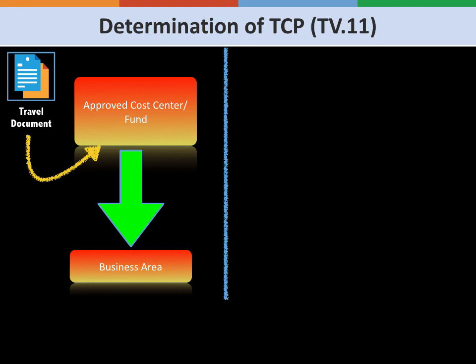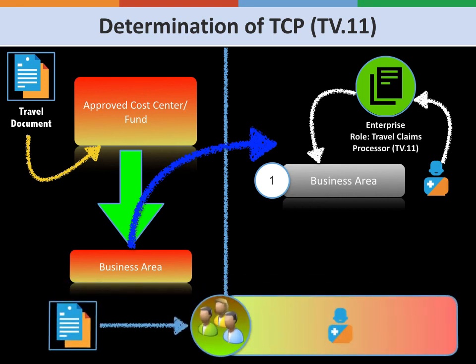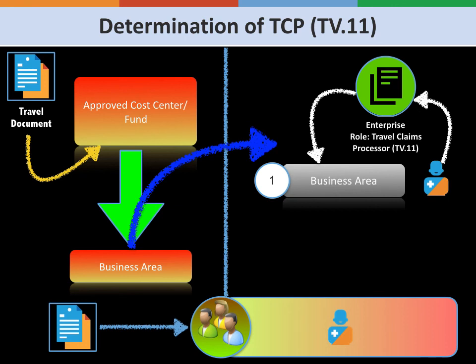A travel document which has been approved by a cost center and fund, and the system determines the business area of that particular cost center, and then finds the person who has been assigned the travel claims processor enterprise role for that business area and sends it to them. So with all these things, we complete the stages of determination of the agents for the entire travel process.